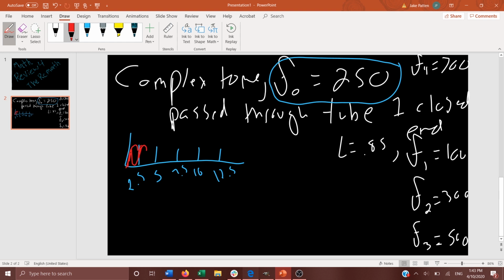The next is at 500, which is here. And the fourth one is at 700, which is about here. You know what? Let's blow this up a little bit. This is too small. So we'll stop at 750.